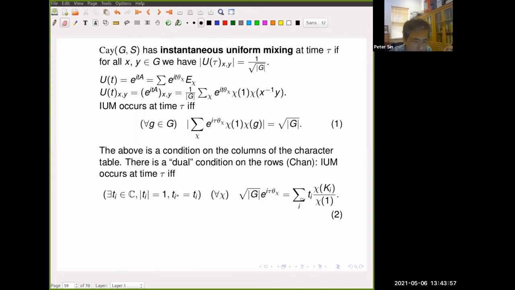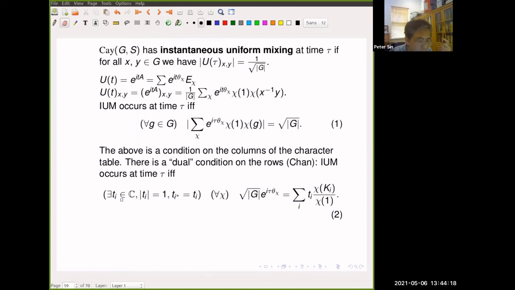But we require that the coefficient t_i is the same as the coefficient t_i star, where i star is the inverse conjugacy class. So you want the coefficients for the inverse conjugacy classes to be equal.